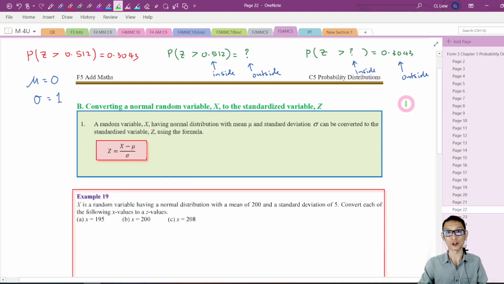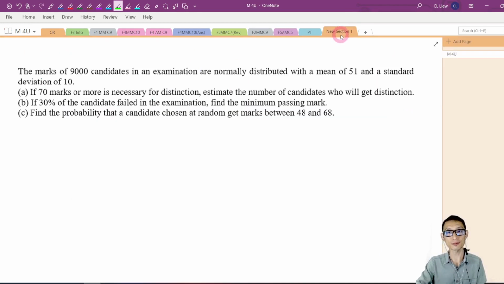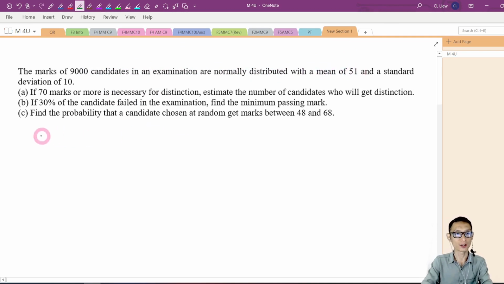Now let's try a few examples. How do we use this formula to help us convert this x value to a z value? The marks of 9,000 candidates in an examination are normally distributed with a mean of 51. The mean is 51 and the standard deviation is equal to 10.